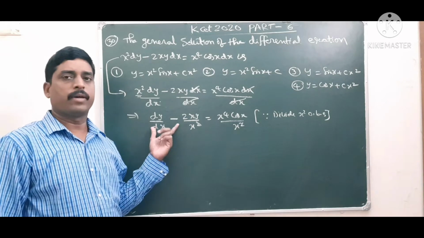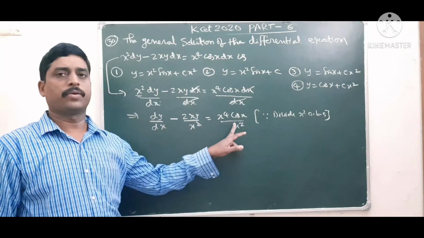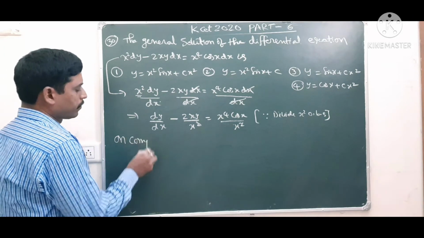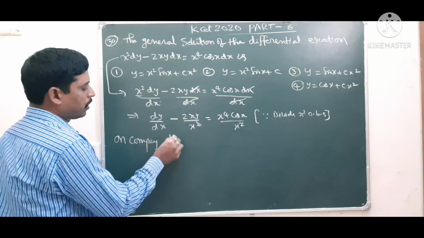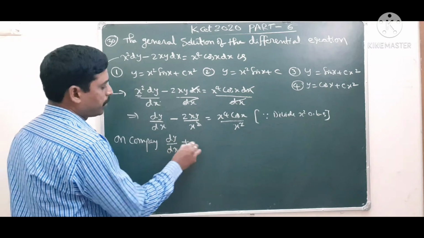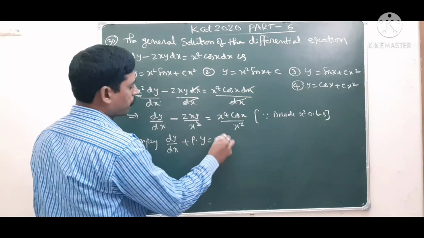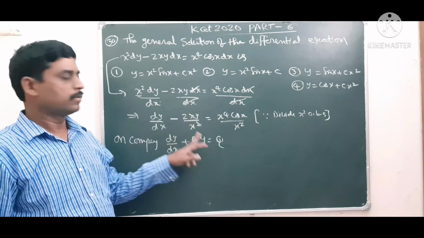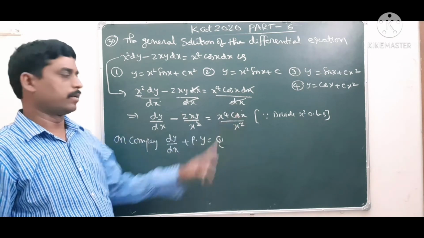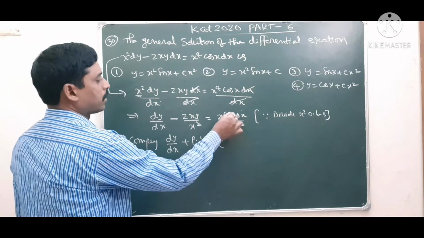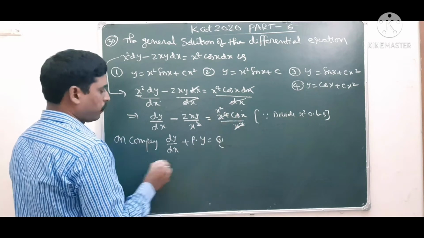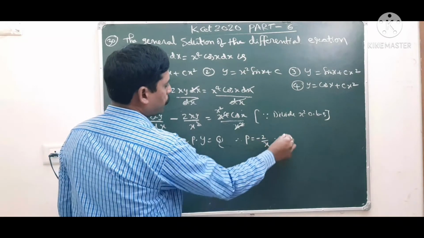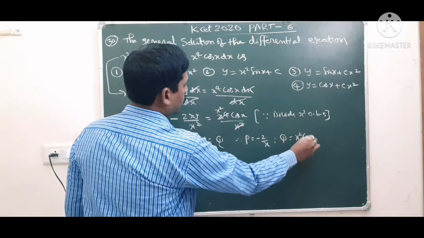This is in the form dy by dx plus Py is equal to Q. So on comparing, where P is equal to minus 2 by x and Q is the right side value. So one x square also gets cancelled. Therefore P is equal to minus 2 by x and Q is equal to x square cos x.